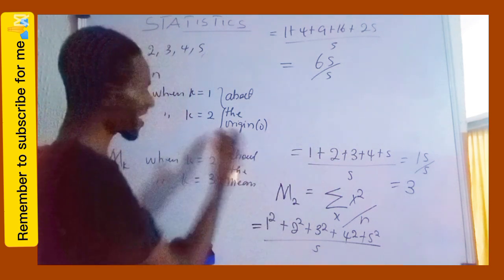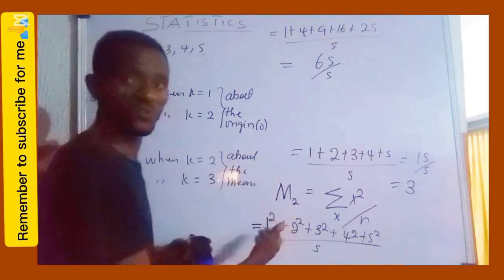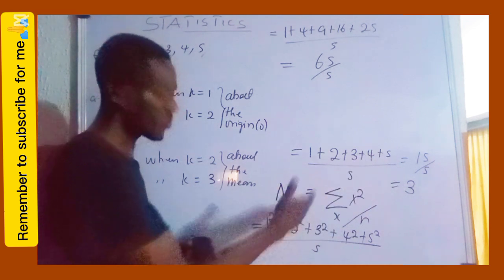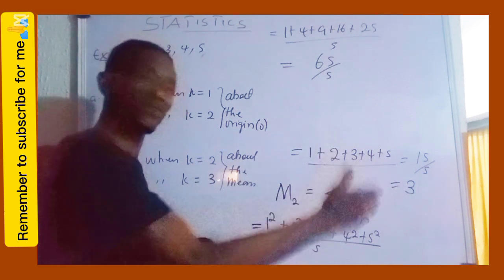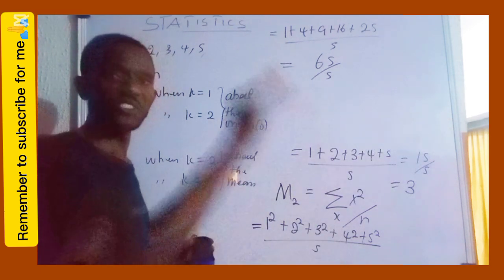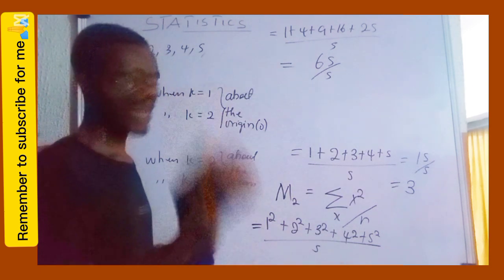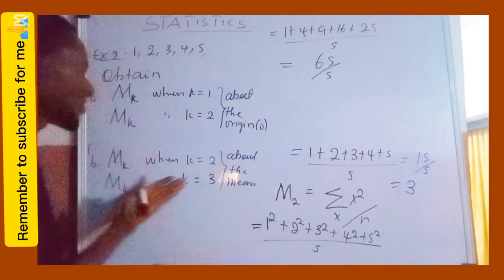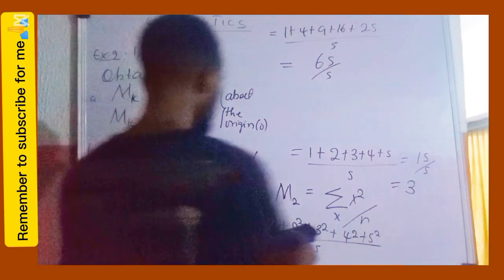If they ask you to find the third, what you are going to do is cube the observations by saying 1 raised to power 3 plus 2 raised to power 3 plus 3 raised to power 3 down the line before you divide by N. It goes down to when it is 4, when it is 5, and then the rest of them. So let us look at about the origin or about mean.